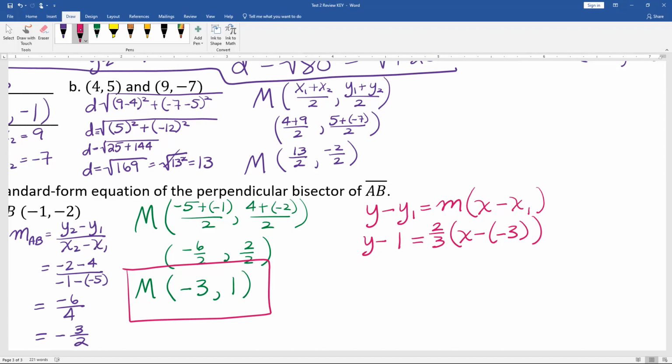Right. So I'm going to just go ahead and bring down my y minus 1, and 2/3 times x is 2/3 x. That does not change. Then that times the minus a negative 3.